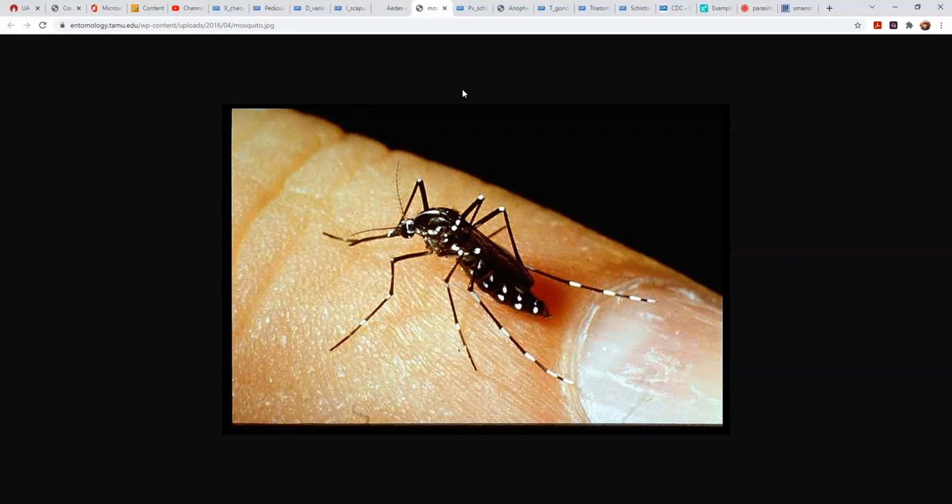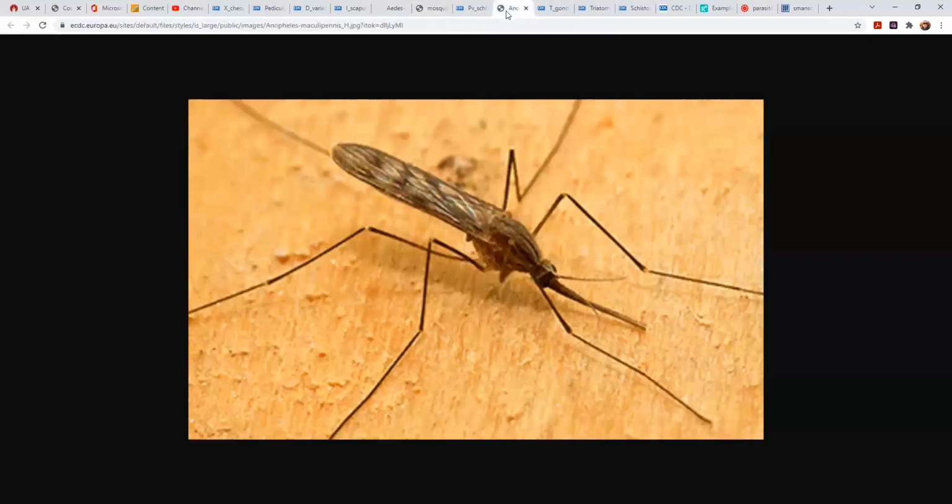Then I'm going to skip the Plasmodium vivax for a second and go to Anopheles. So Anopheles is our vector for malaria. So this is Anopheles. Anopheles is a very dark brown, almost black color.